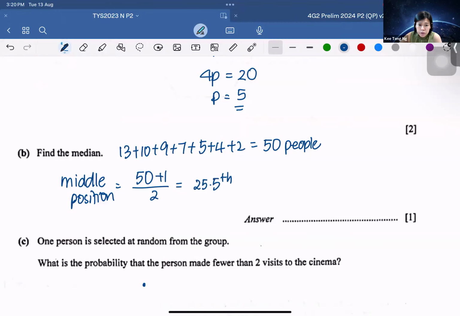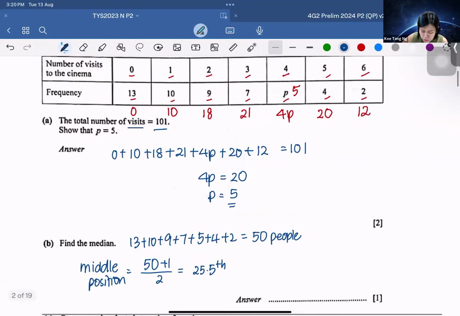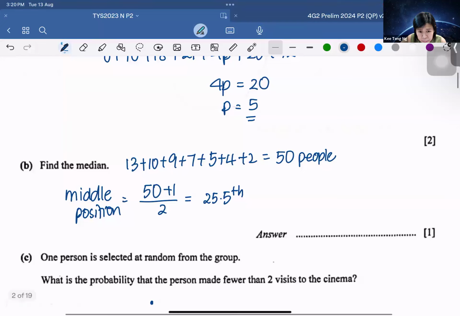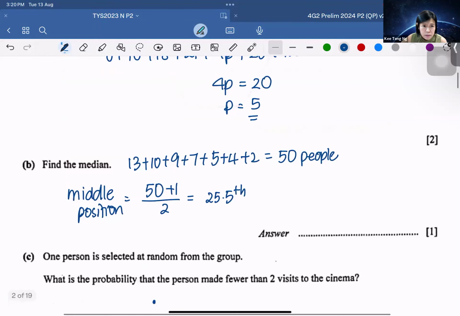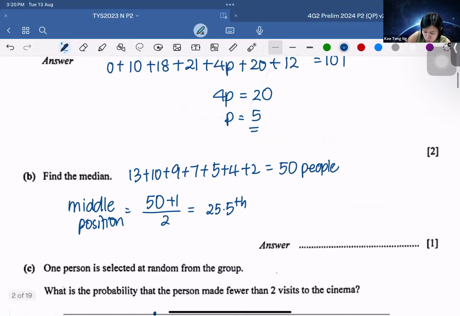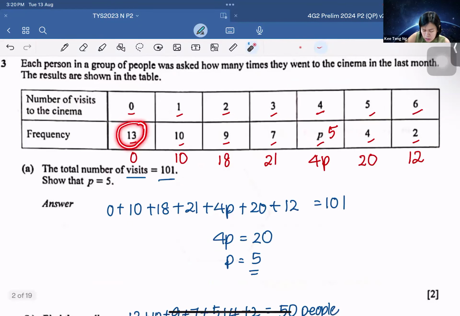Okay, so this is the 25.5th position. Is this 25.5 the answer? No, that is not the answer. That is the position, the person, right? So it means I need the 25th person and I also need the 26th person. If I need the 25th person, here got 13, here got 10, total already 23.